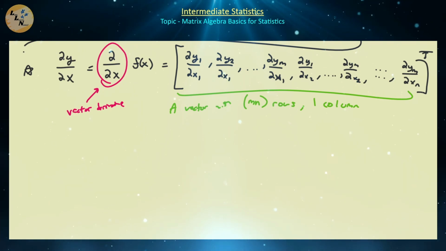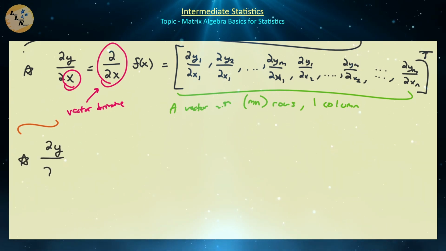Although that might be a little bit more complicated, sometimes what we would like to do to make things a little bit easier is to differentiate with respect to x transpose instead of x, and you actually get a nicer representation, which I'll just briefly mention here. So what will be the partial derivative of y with respect to x transpose? This is actually going to be an m by n matrix, which is why a lot of people prefer this.